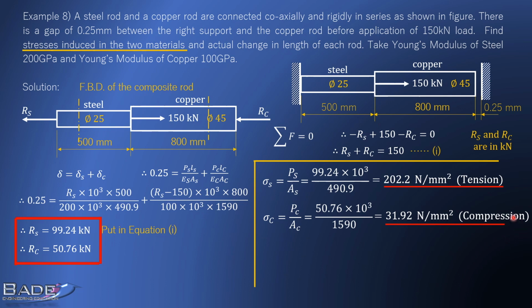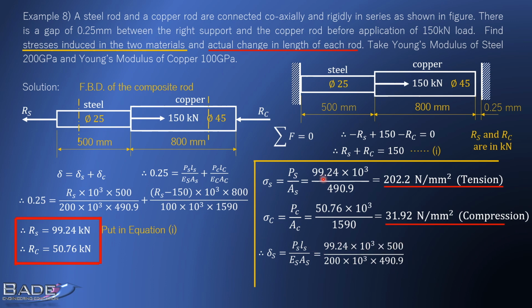Okay, what else is asked in the problem? Actual change in length of each rod. So change in length of steel rod is equal to PS LS upon ES AS. This is how we have found delta S. Just put the values.